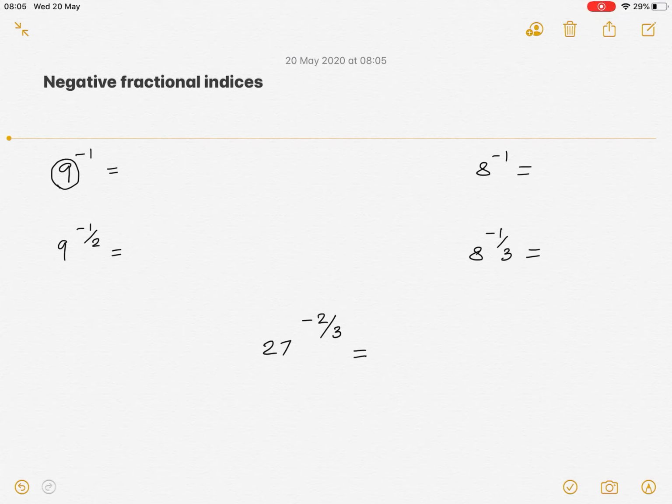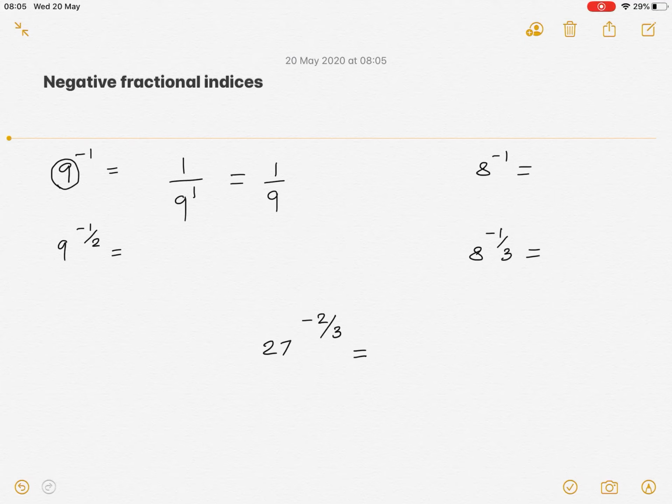So the reciprocal of 9 will become 1 over 9, and the power of negative 1 becomes a positive 1. Now we all know that any number to the power of 1 is itself. So the answer is 1 over 9.